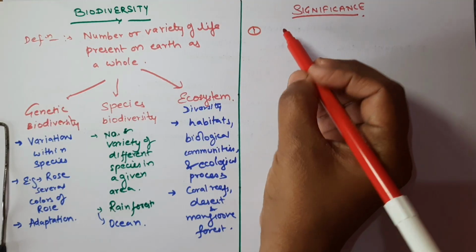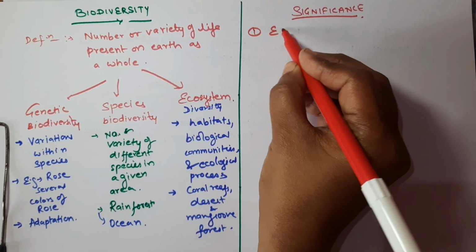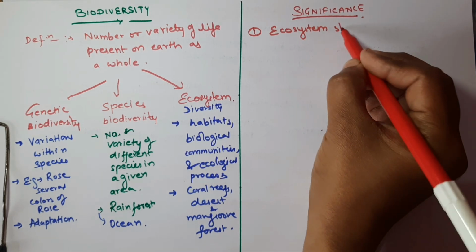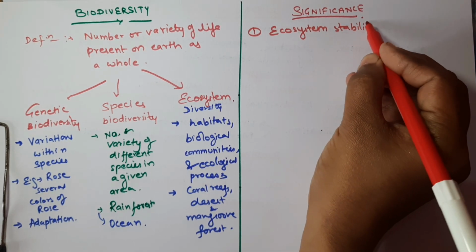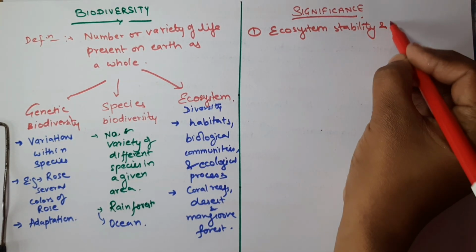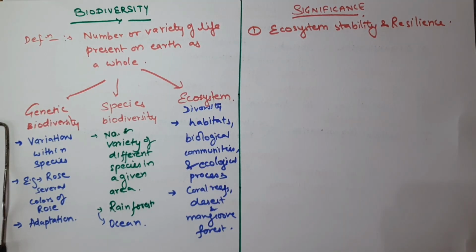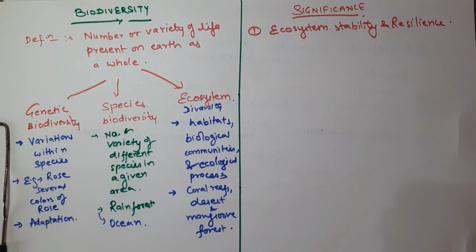The first is ecosystem stability and resilience. A diverse ecosystem is essential to maintain ecosystem functions.